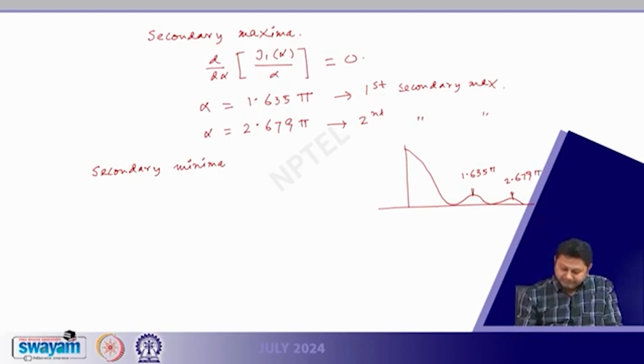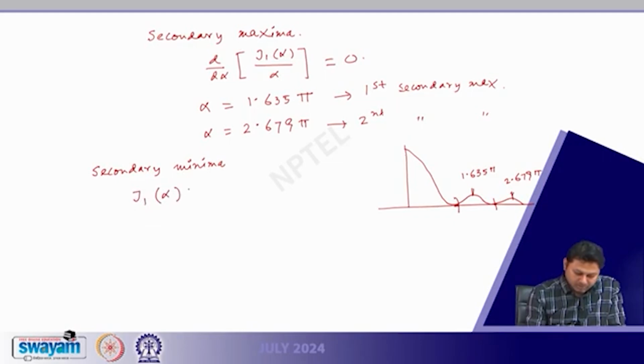These two we have, and this we know where J1 is 0. That we already calculated. J1(alpha) is 0 obviously when alpha is not equal to 0, that is the condition.